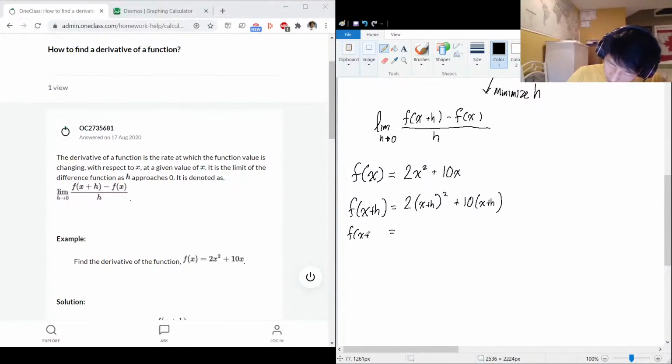So that's 2 times x squared plus 2xh plus h squared. Right? So multiply that by itself. Add up 2 times first times second, and then add up the second one squared. And the next term that we got here, 10 times x plus h, is just 10x plus 10h.